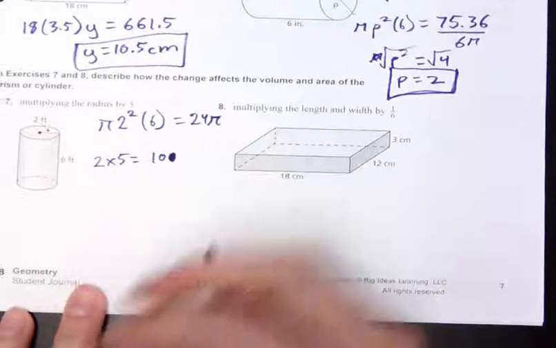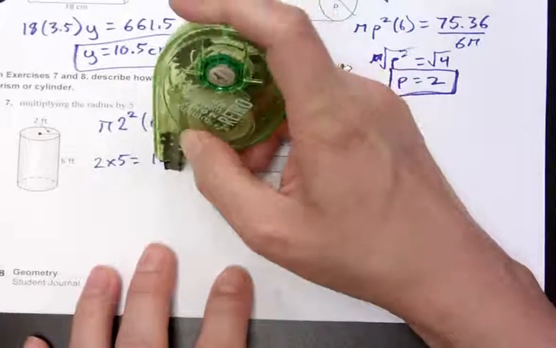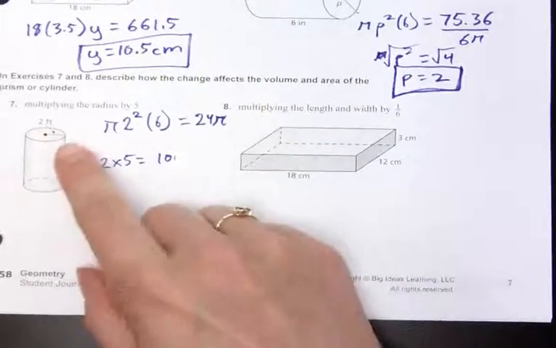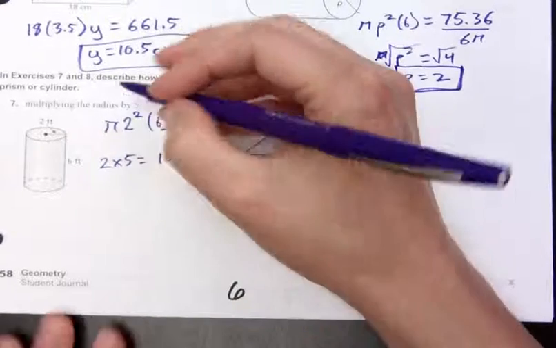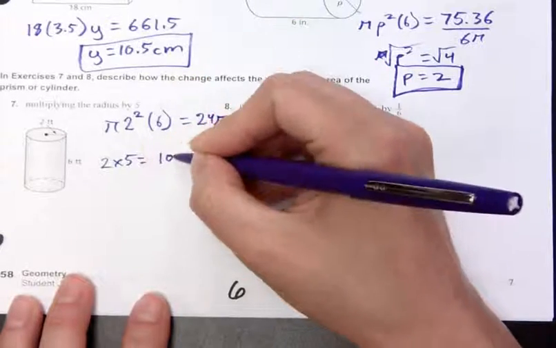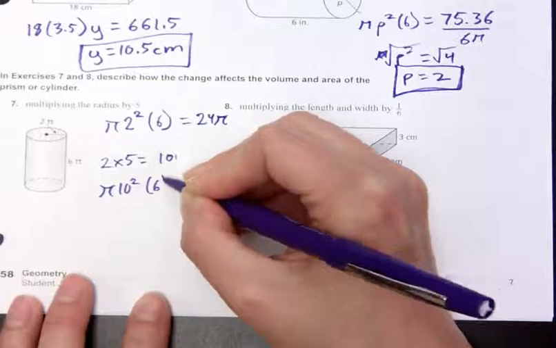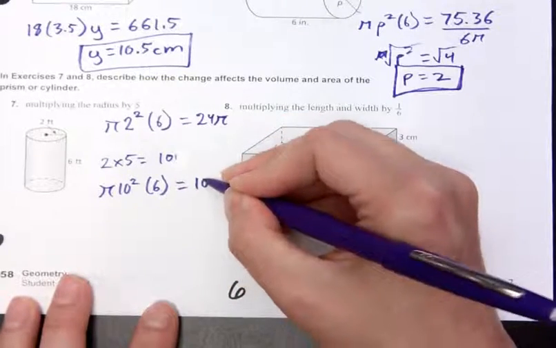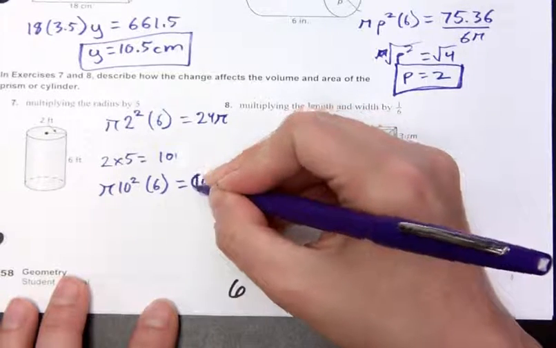Okay, so she worked it out first and got 24 pi the first time. Did y'all follow that part? And then it says multiplying the radius times 5, so our radius is 10, so now we have pi 10 squared times the 6, which equals 600 pi.